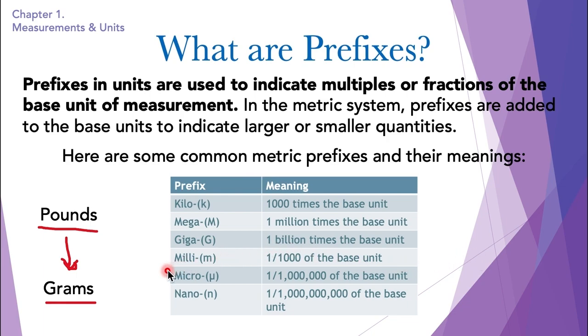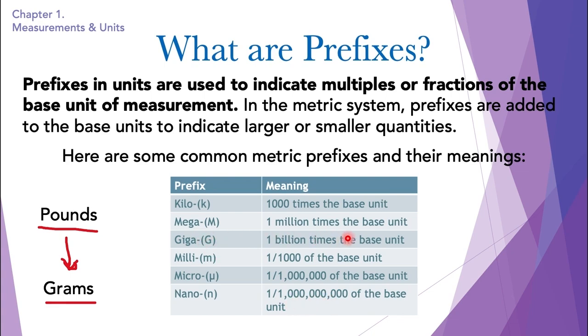If I say milligrams, I'm basically dividing a gram into 1,000 parts, and that 1,000th part is going to be a milligram. In the same way, we have micrometer, which means 1,000,000th of the base unit. In other words, if I divide a meter or any base unit into 1,000,000 parts, that one part would be called a micrometer.